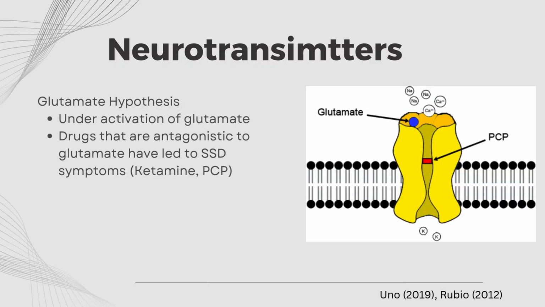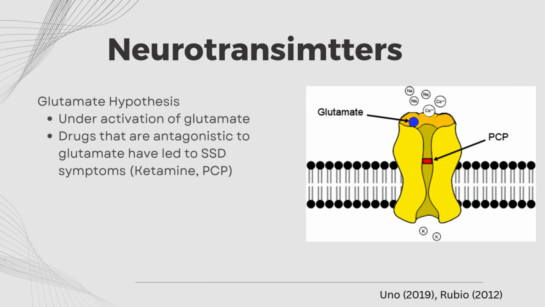Lastly, there's the glutamate hypothesis, which is kind of the opposite of the dopamine hypothesis. It looks at an underactivation of glutamate being involved with the manifestation of schizophrenic symptoms.